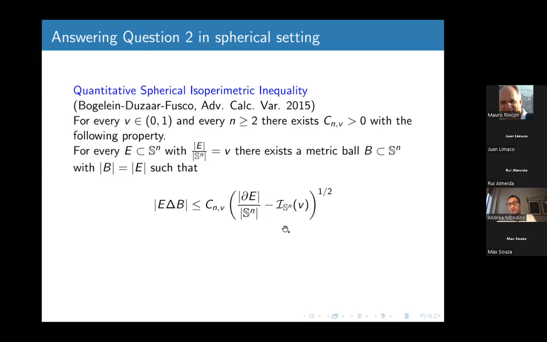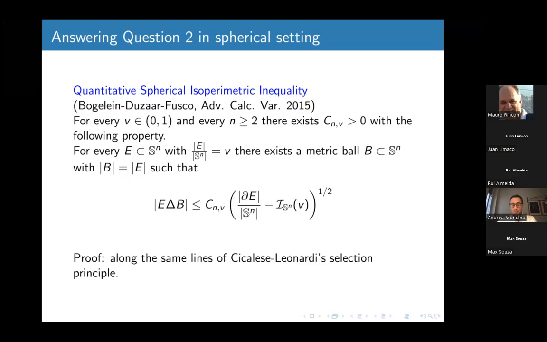It is saying that if E is almost optimal in the spherical isoperimetric inequality, then this right-hand side must be close to 0. Then also the left-hand side must be close to 0 by this inequality, which means that up to a set of small measure, the set E is very close to a metric ball, which is a spherical cap. And the proof is along the same lines as the Cicalese and Leonardi selection principle.